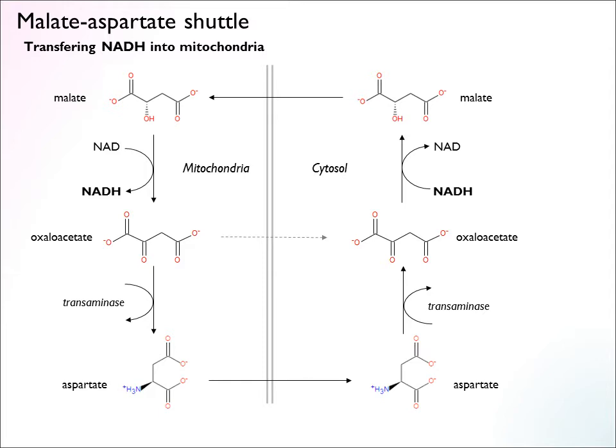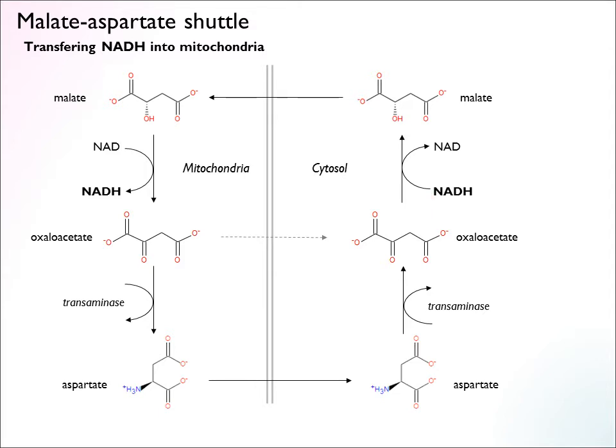So most cells have this shuttle, and it's a system for transferring reducing equivalents in the form of NADH. So transferring reduced NADH from the cytosol into the mitochondria, where it can be oxidized in the respiratory chain. So as you recall, NADH is, among other things, generated in the cytosol by glycolysis.